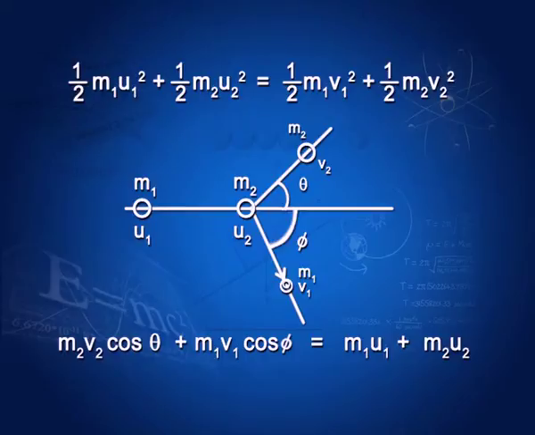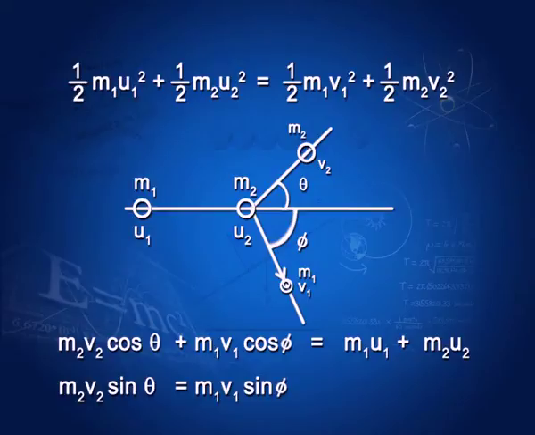This equation, if you notice carefully, is taking care of the momentum in the horizontal direction. Likewise, momentum in the vertical direction, where it was not existent earlier, final momentum here would be m2 v2 sin theta, which would be equal to m1 v1 sin phi, because the sum of these would be equal to 0. These had no component in the vertical direction.